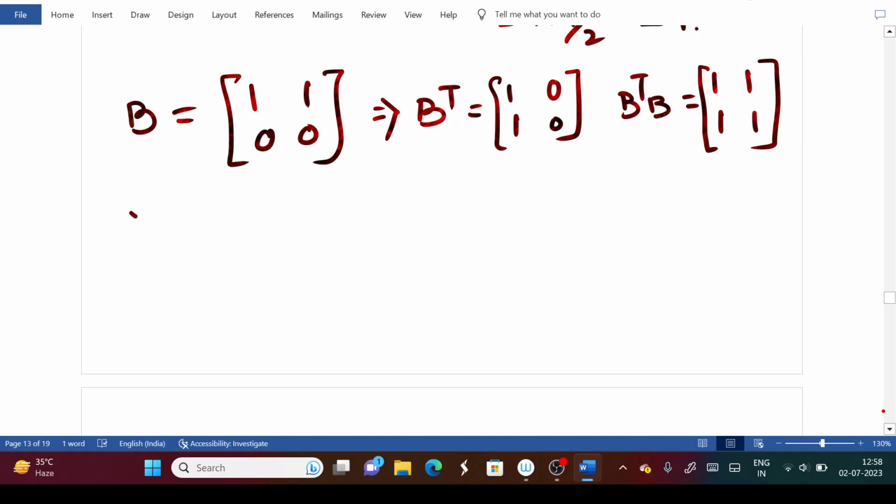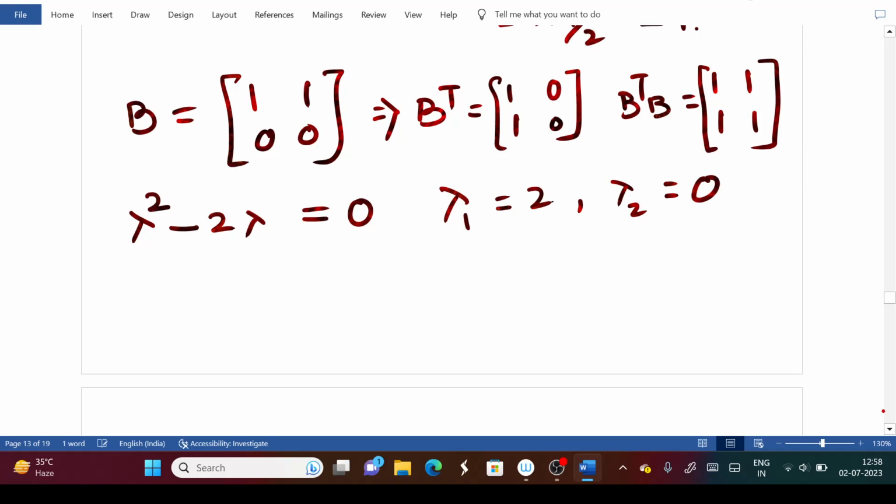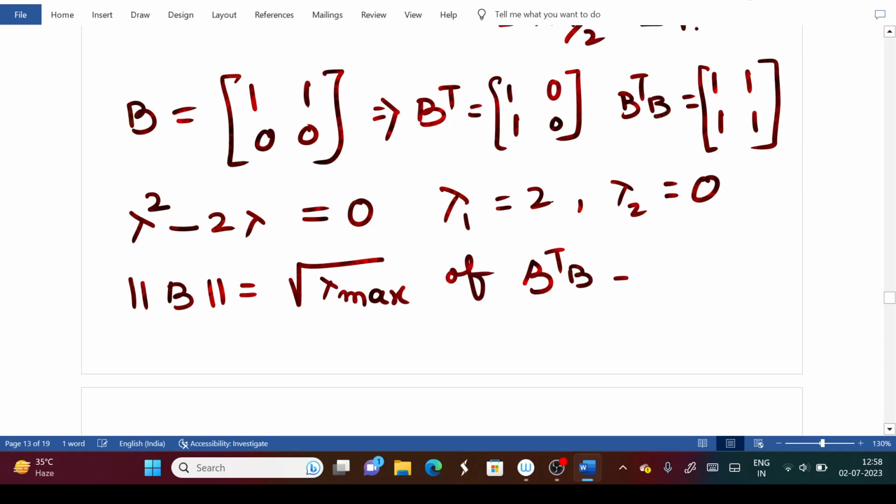So what about the characteristic equation? Lambda square minus 2 lambda, determinant is 0, so eigenvalues are lambda 1 is equal to 2, lambda 2 is equal to 0. So norm of B is equal to square root of lambda max of B transpose B, that is square root of 2.